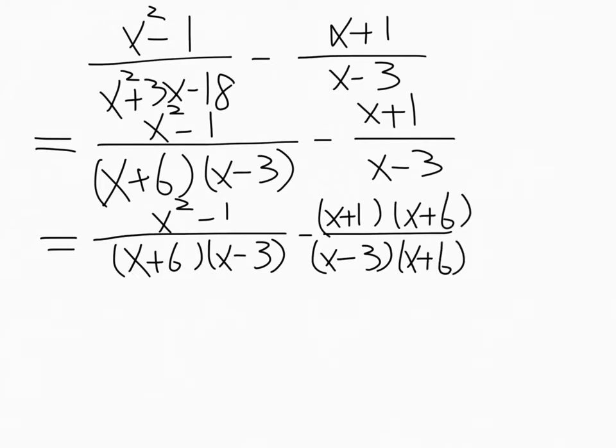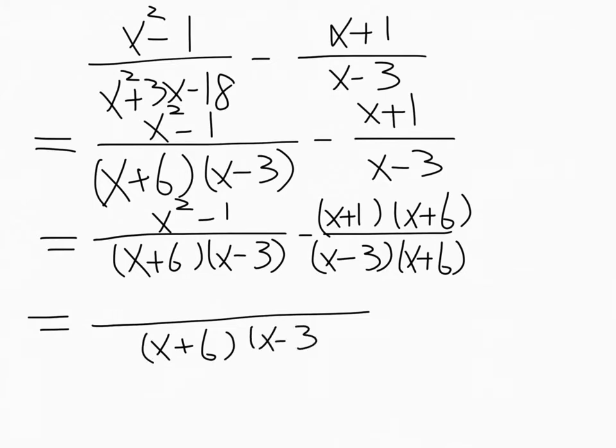Once I have the same denominators, then I can go ahead and subtract the top part. So my least common denominator in this case is x plus 6 times x minus 3. Now I have the same denominator, so I can go ahead and subtract x squared minus 1.